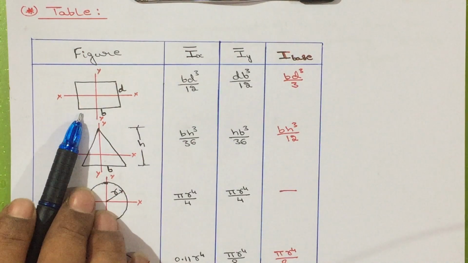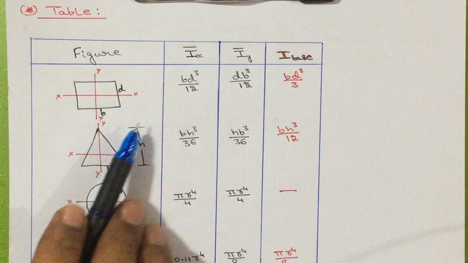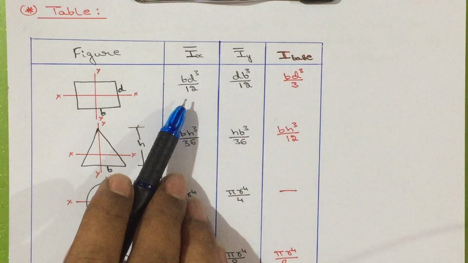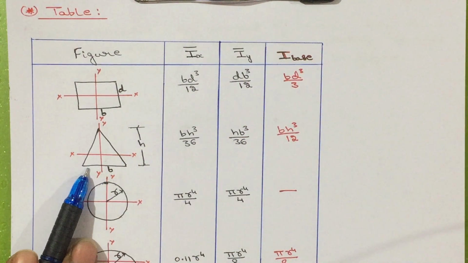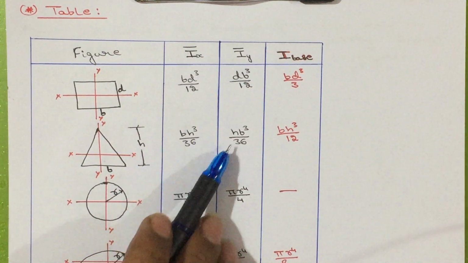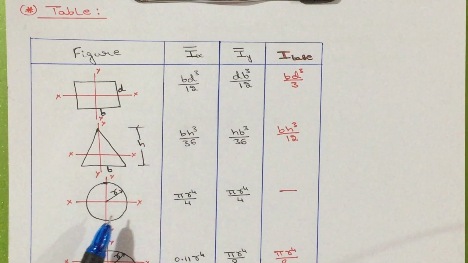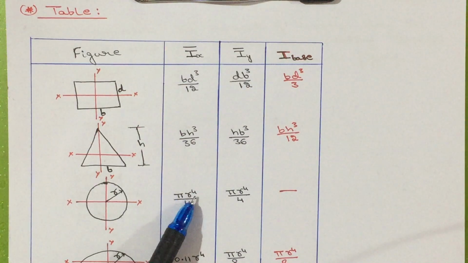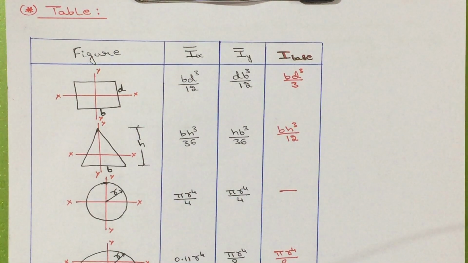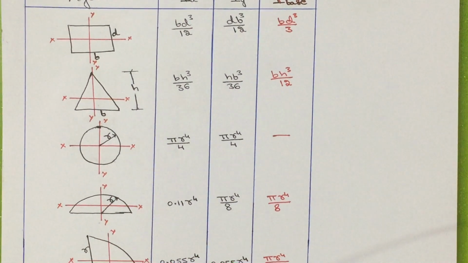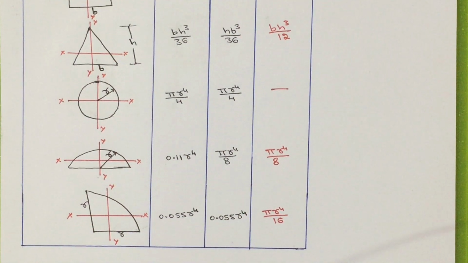If we consider the rectangle of length b and depth d, I x bar and I y bar are given by bd cube by 12, db cube by 12. Like that for triangle, bh cube by 36, hb cube by 36. For a circle, pi r to the power of 4 divided by 4, pi r to the power of 4 divided by 4.